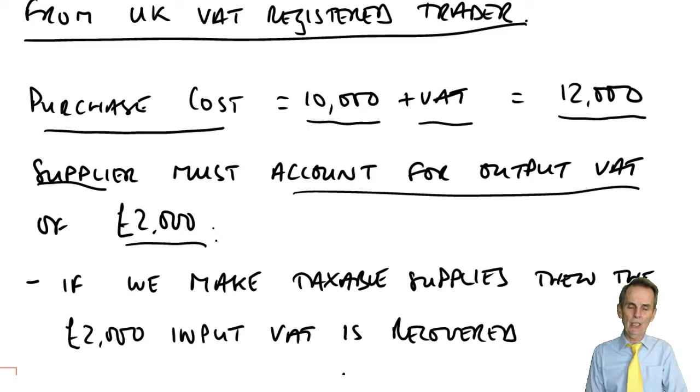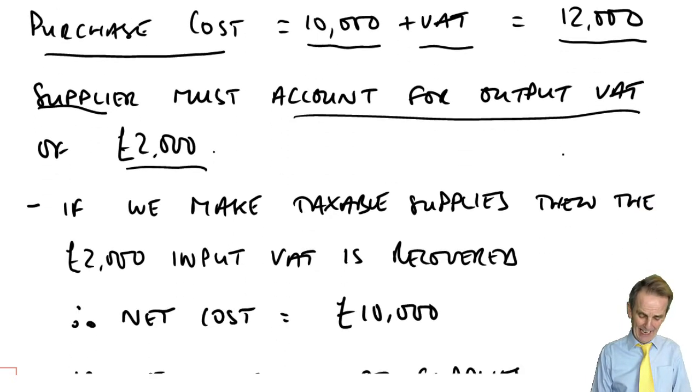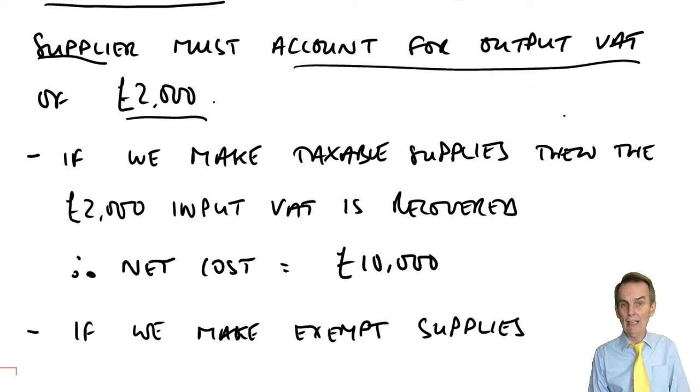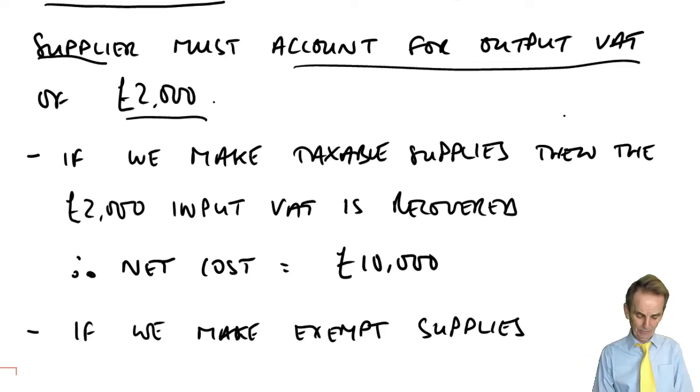So HMRC will collect £2,000 of the £12,000 that we have paid to our UK supplier. They'll collect that from our supplier. It's the whole point of the VAT system, isn't it? Again, it's made in relation to a taxable supply, and that is not kept by the supplier. That is payable over to HMRC.